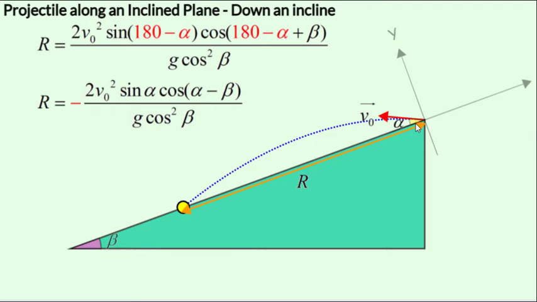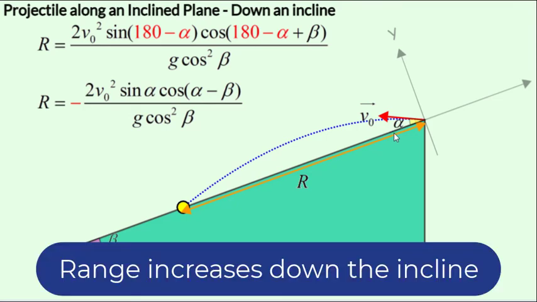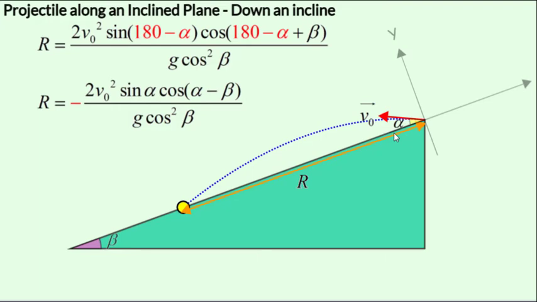This would mean that when we launch a projectile down the incline with the same speed and with the same launch angle, although the time of flight remains the same, the range increases. So if we had launched it upwards from this point, it would not reach the top of the incline. It would fall short, maybe somewhere here or here, but it wouldn't reach this point. What could be the possible explanation for this?